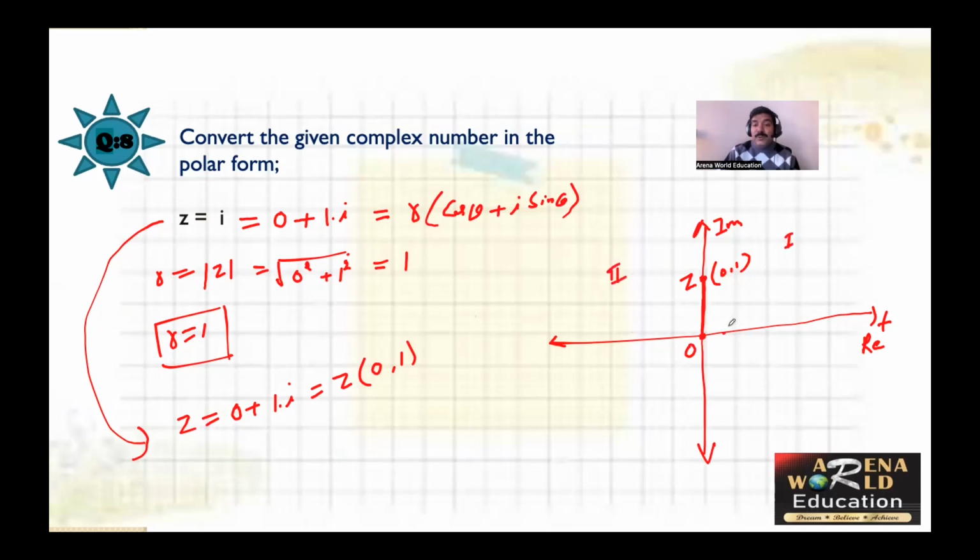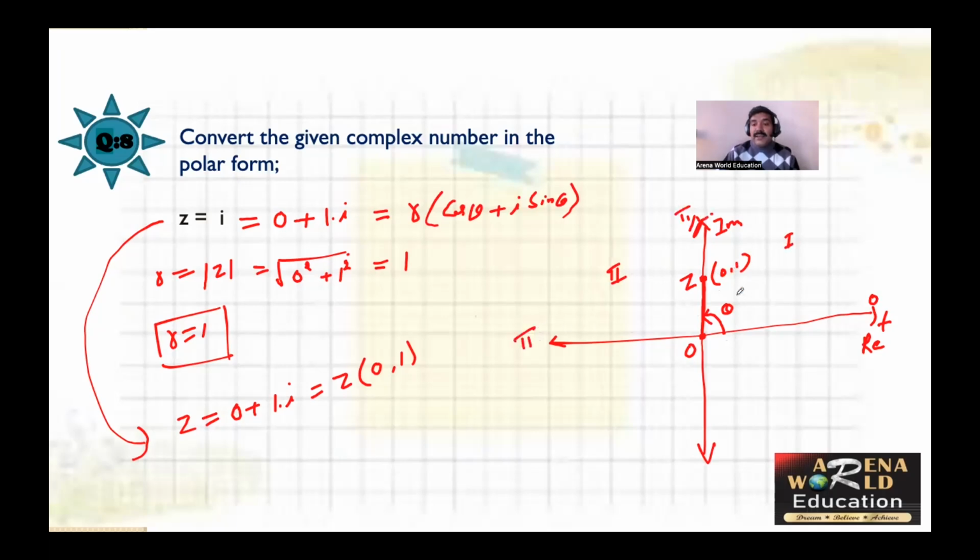So what we will do? We will make our angle theta, very good, in the anti-clockwise direction. So this will be your theta, right? And if your Z is here, then theta will be what? This is 0, this will be pi by 2, and this is your pi, right?